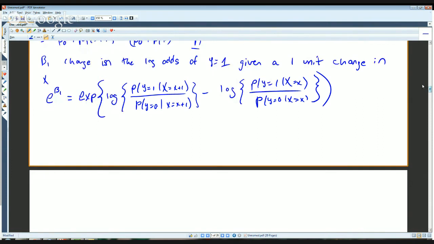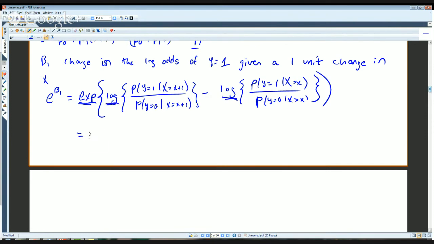So what does that mean? Well, e to the log gets rid of the log, and the difference of two logs is the ratio.